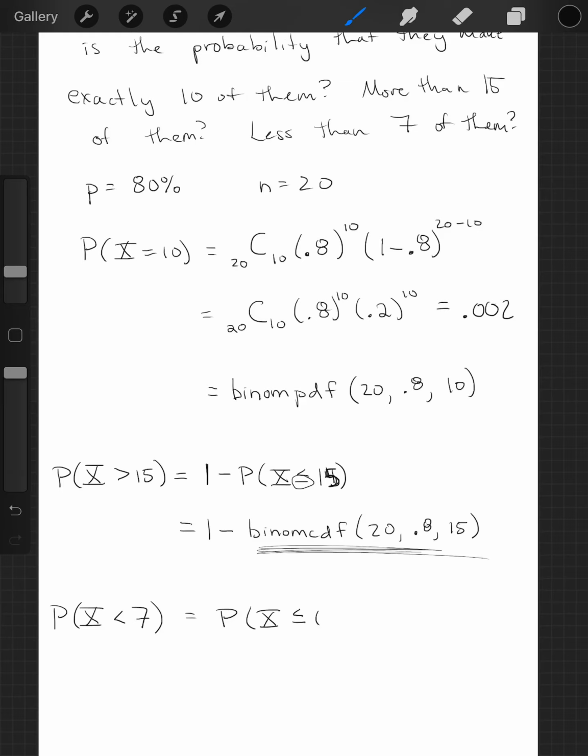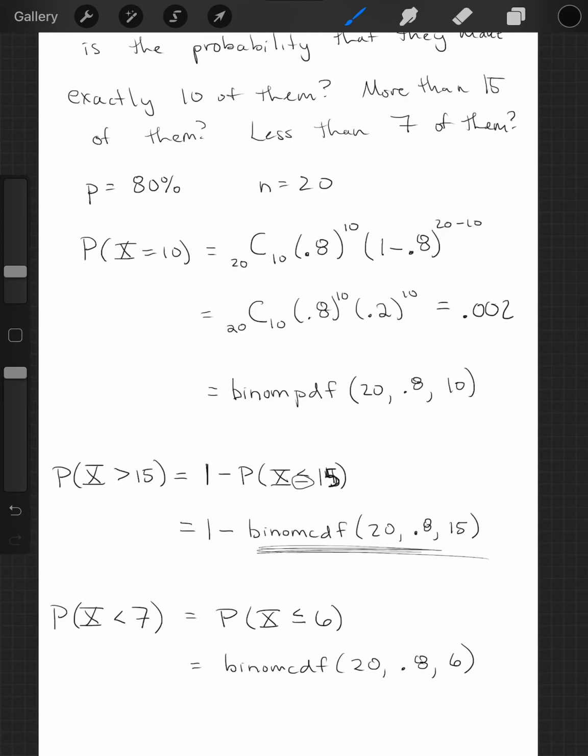So we need to recognize that if x is a counting number and x is strictly less than 7, then x is less than or equal to 6, because that's the next counting number down. So this is binomial CDF, same n, same p, different x. And again, we plug that into our calculator and it gives us something as an answer.